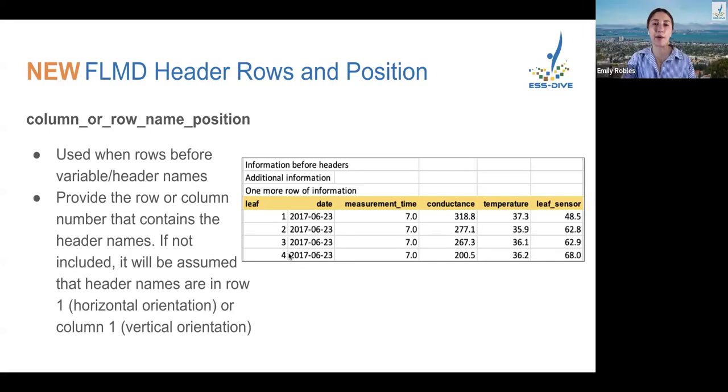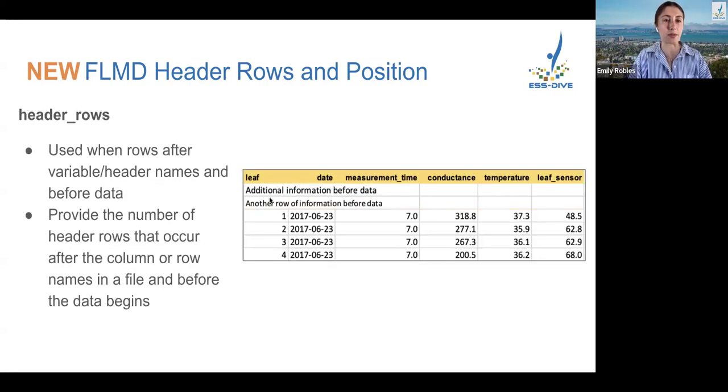Yeah, that's a good point. Essentially, this is a column within the file level metadata file. For example, I can do the header rows as an example. If this was your data file and you're filling out a file level metadata file and you want to include this header rows variable, you would put 2 for the count of the header rows.